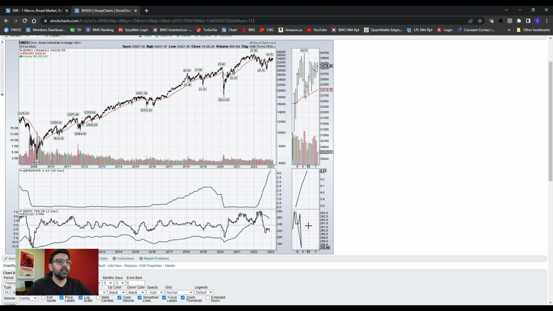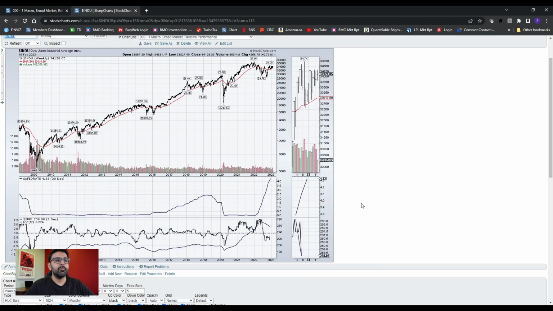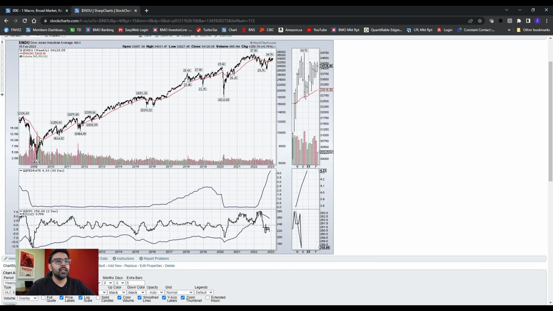The PPI measure looks like it's in negative-ish territory. So we're getting a mixed bag on inflation. I think PPI might move faster and CPI might be a little bit more delayed. I think CPI is including a lot of consumer-based goods and services, and that might be skewed because the labor market's really strong right now.